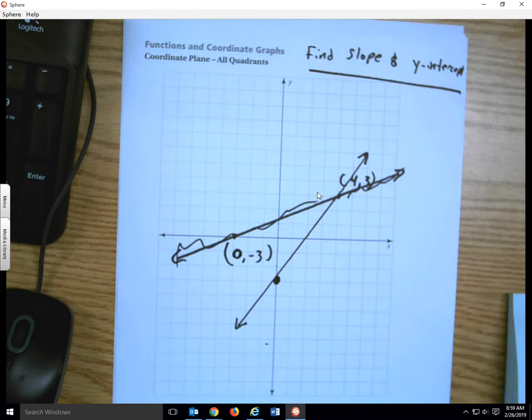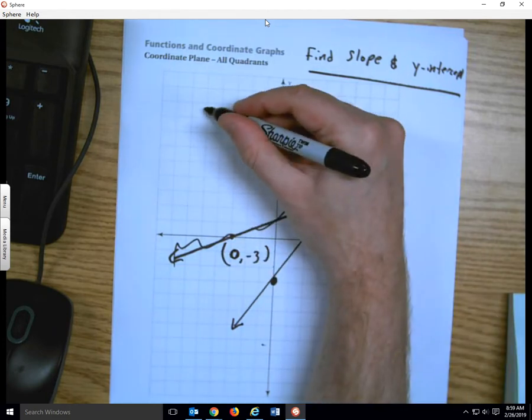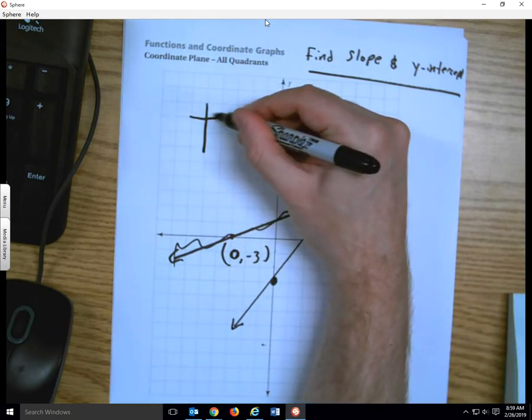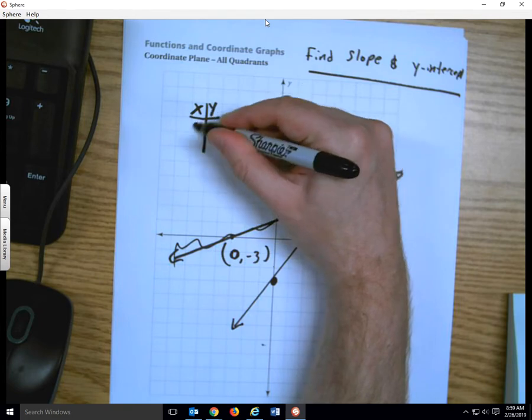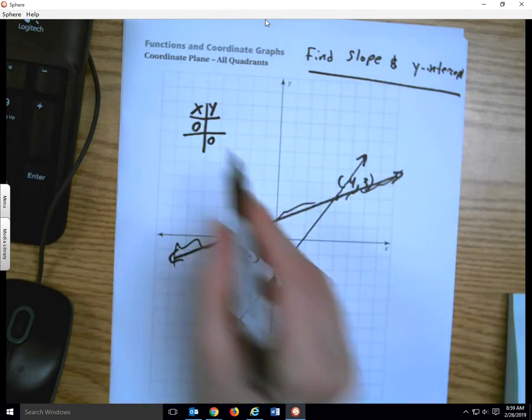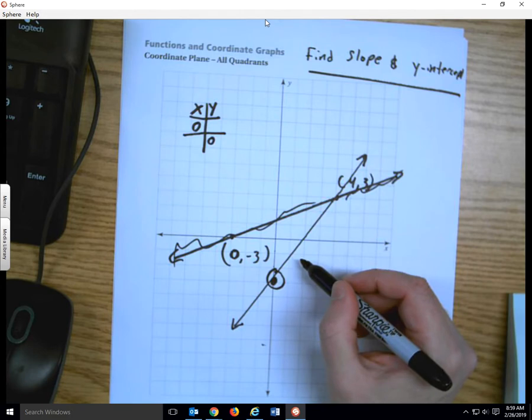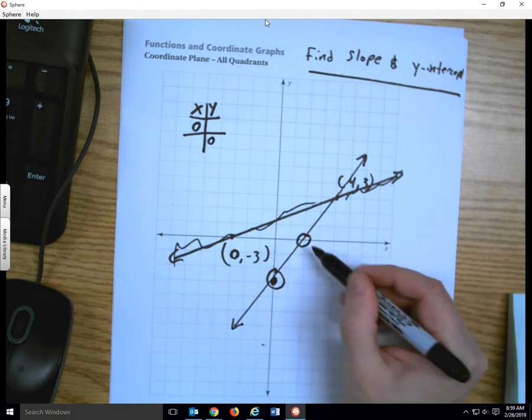And the reason that's the case is when we talked about intercepts earlier in the year, intercepts we said equals 0 because it's where it intersects on the y-axis and where the line would intercept on the x-axis.